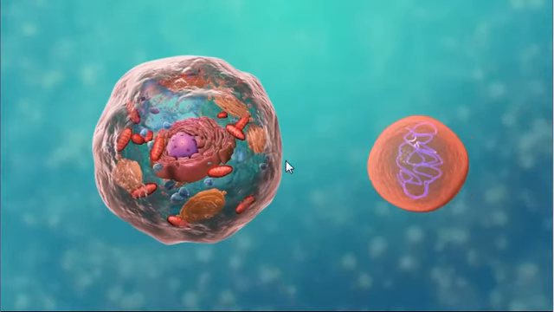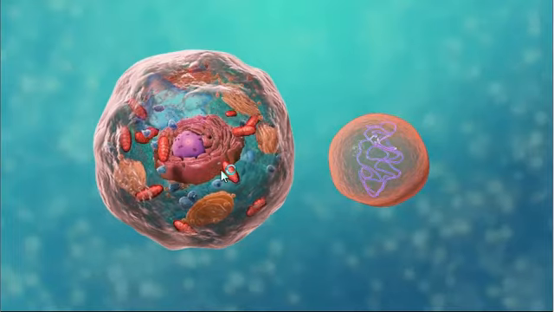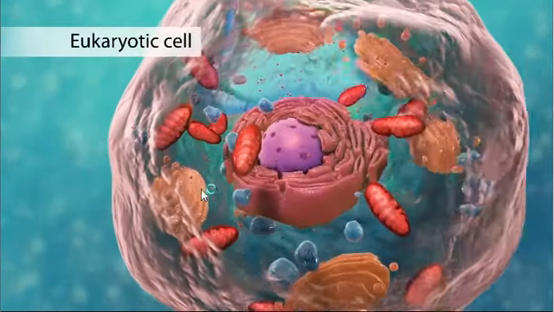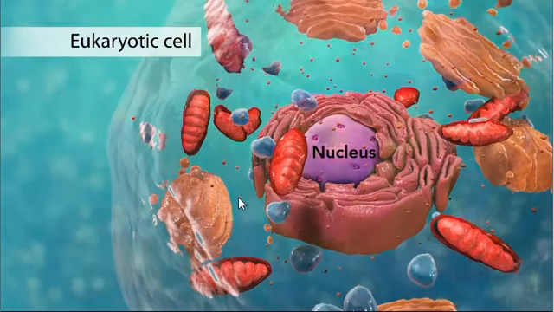Then we also have the mitochondria, which are energy stores, and then we have this gel-like fluid, the one we are calling cytoplasm.